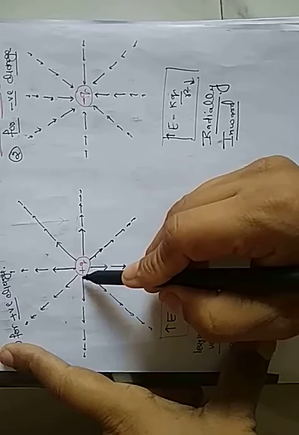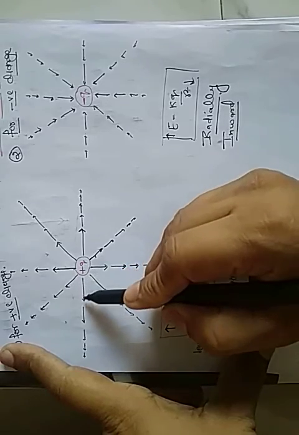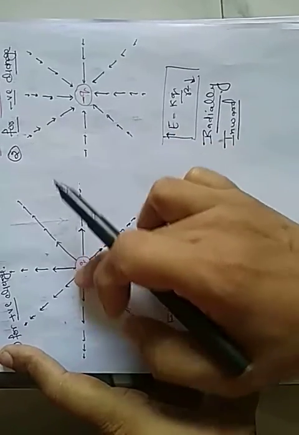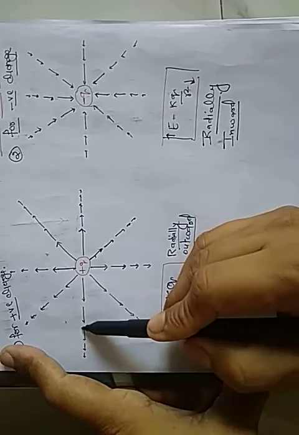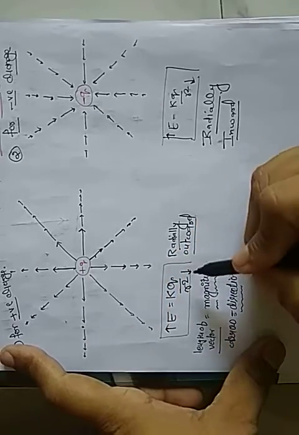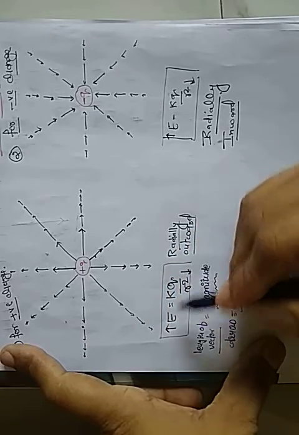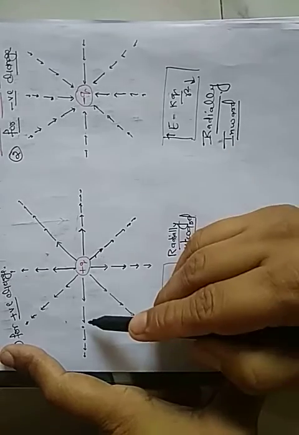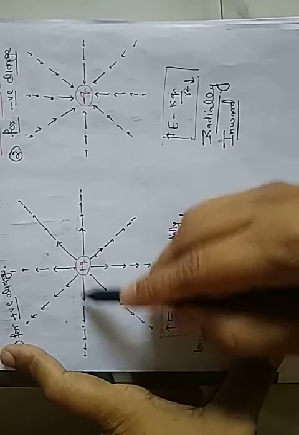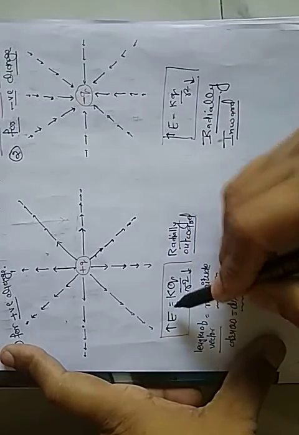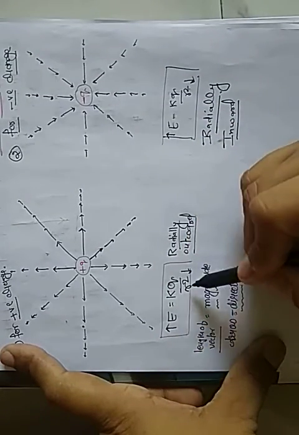If the distance from the charge is increasing, if we are moving far away from the charge, then the field is minimum. If we are coming very close to the charge, the distance is decreasing, then the electric field is increasing, because it is inversely proportional: kQ by r square.